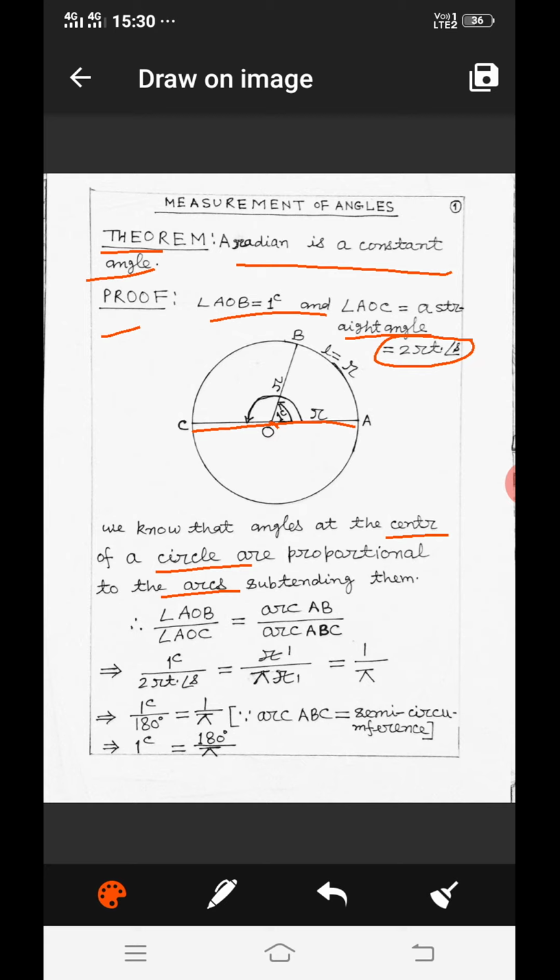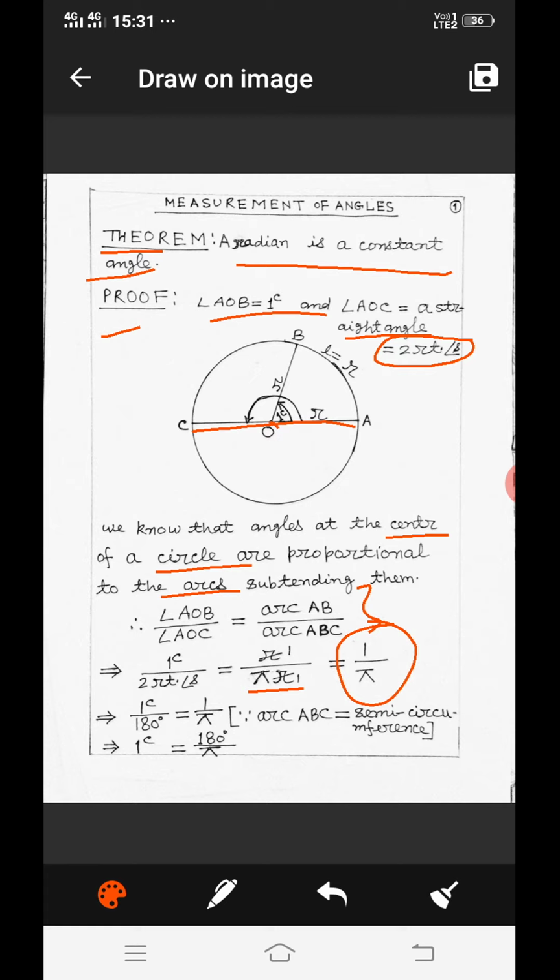So, angle AOB by angle AOC equals arc AB by arc ABC. This implies that 1 radian by 2 right angles equals R by pi R, which is equal to 1 by pi.